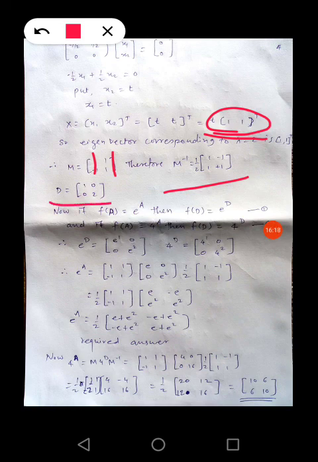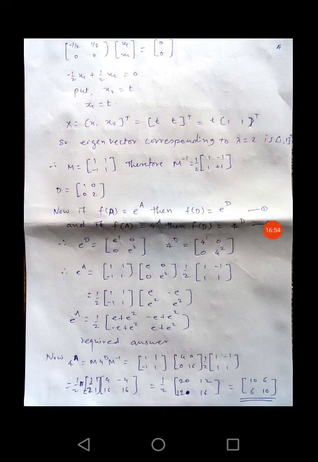So D is equal to diag(1, 2), which is the diagonal matrix obtained from the eigenvalues of A. Now if f of A is equal to e raised to A, a polynomial in A, then f of D is equal to e raised to D. Replace A by D only and write it. And also if f of A is equal to 4 to the power A, then f of D is equal to 4 to the power D.